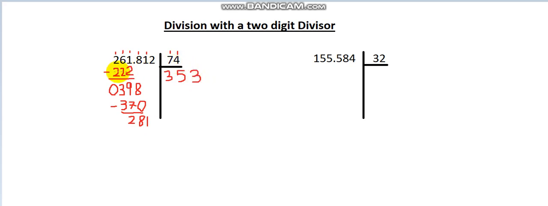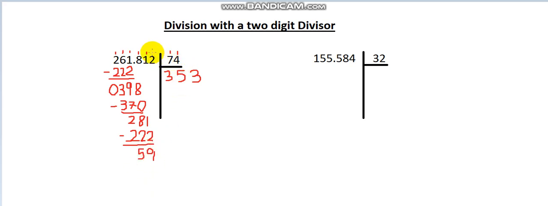3 times 74, I've already done that. It makes 222. So I subtract 222. And I would get 59. I check, is 59 less than my divisor?